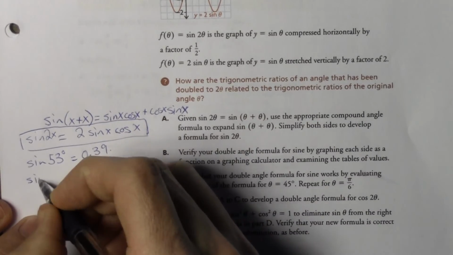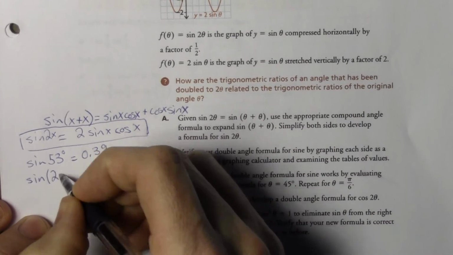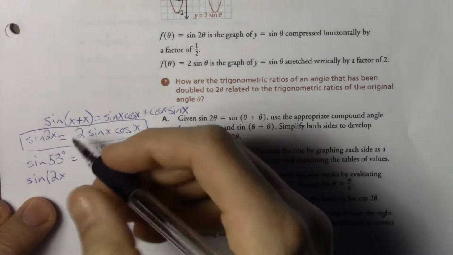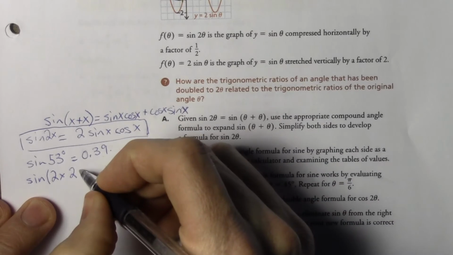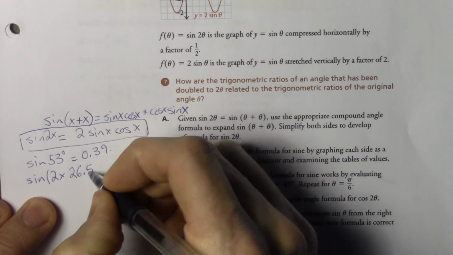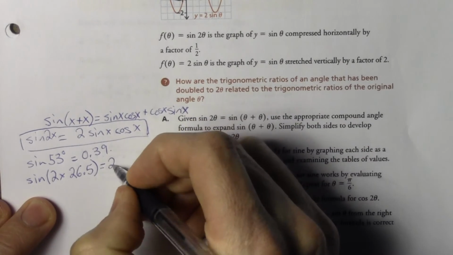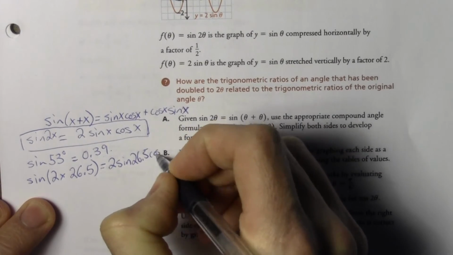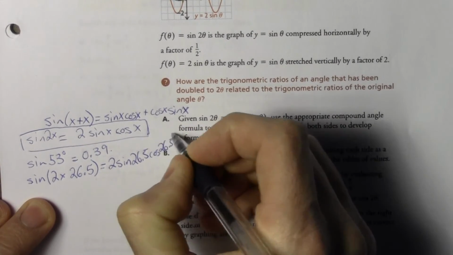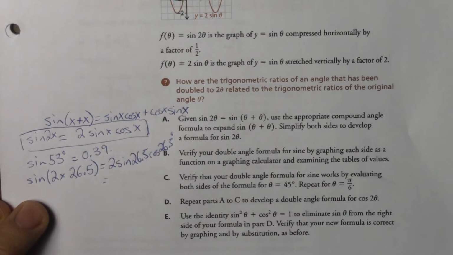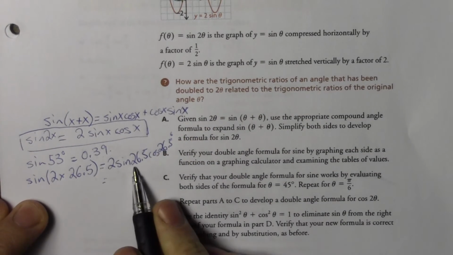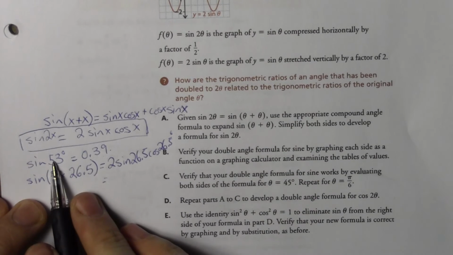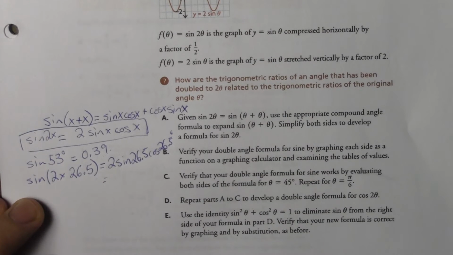Okay, so sine 2 times 53 divided by 2 is 26 and a half, right? What's that, Daniel? 2 times sine 26 and a half, cos 26 and a half. And I'm working with degrees, so make sure your calculator's in degrees.